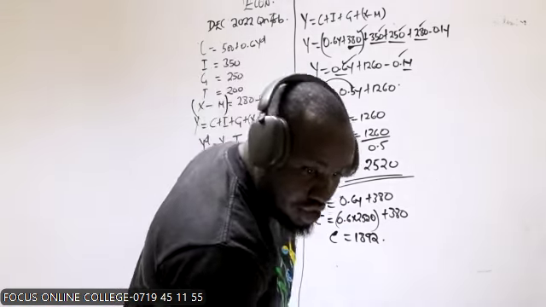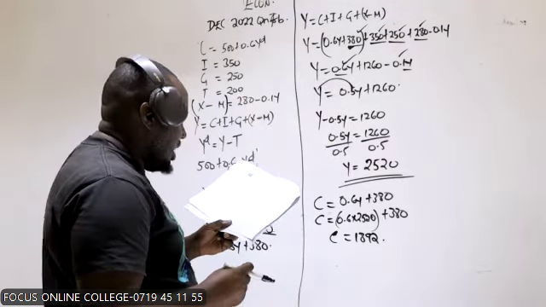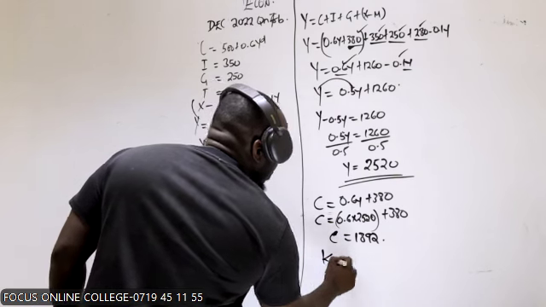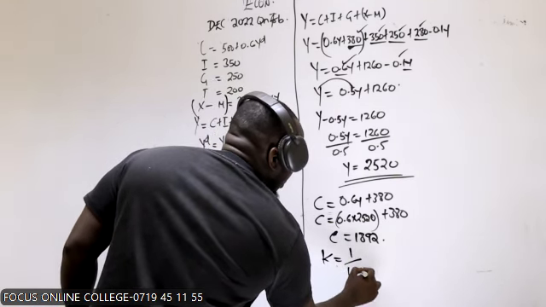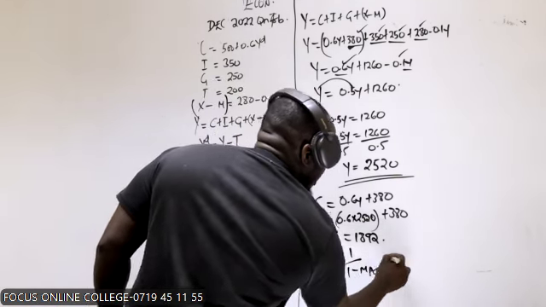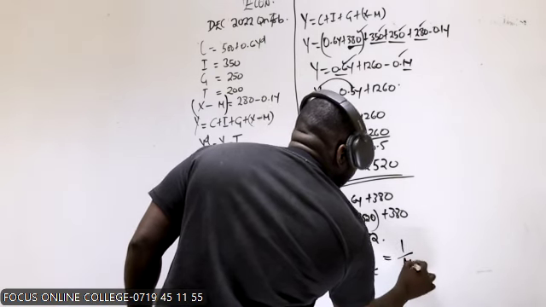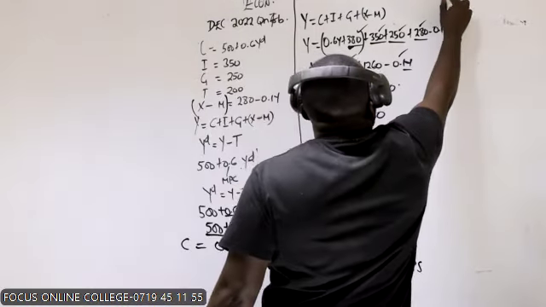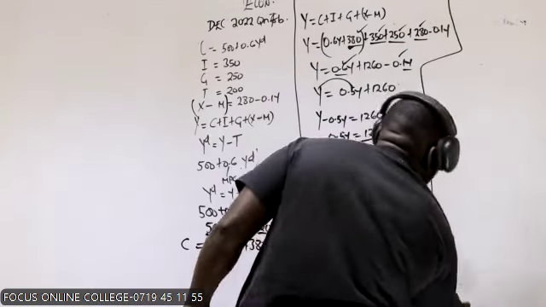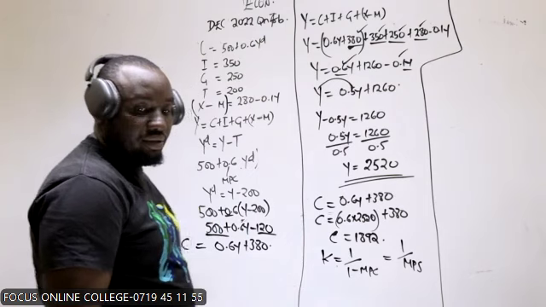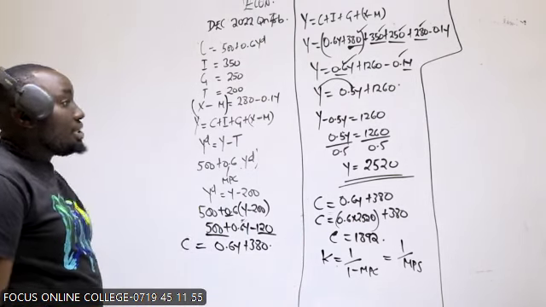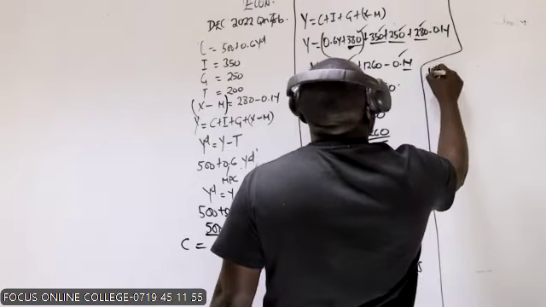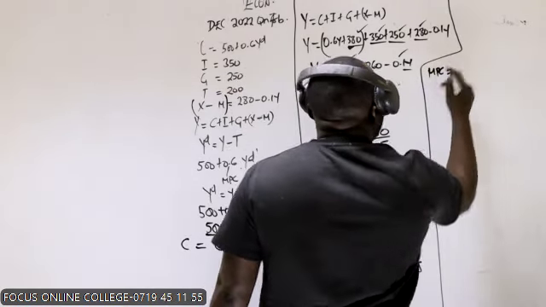Then you respond. So then multiply. How do you get the multiplier? K is equal to 1 over MPC, which is equal to 1 over MPS. Give me the figure for the MPC.